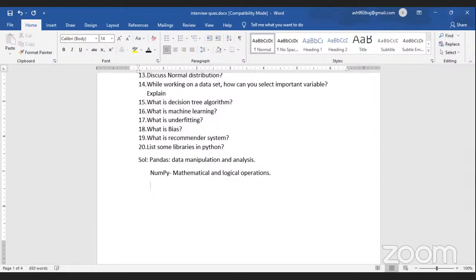Here are some more names. SciPy is used for scientific computing and for technical computing.